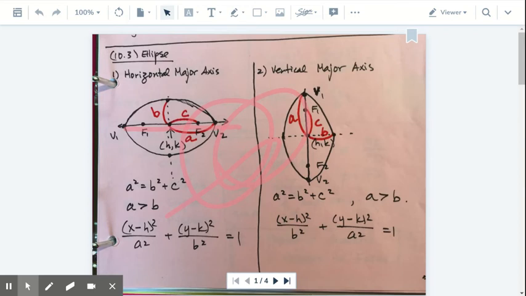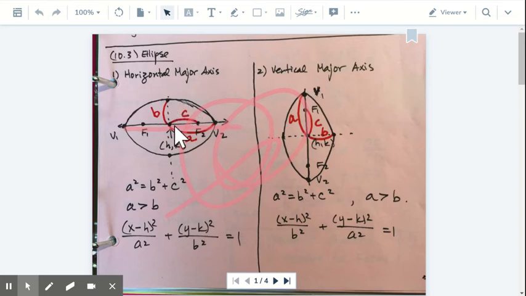Two other important points are the vertices, V1, V2. They lie on the horizontal major axis, or the major axis. The vertices V1, V2, the foci, and the center are all on the same axis. And that's true for the vertical axis as well.